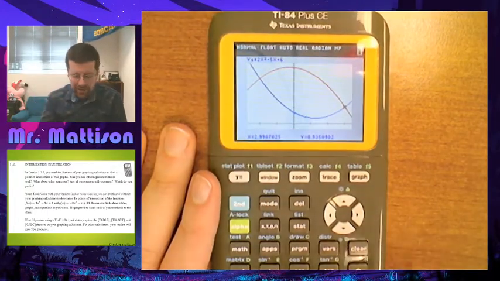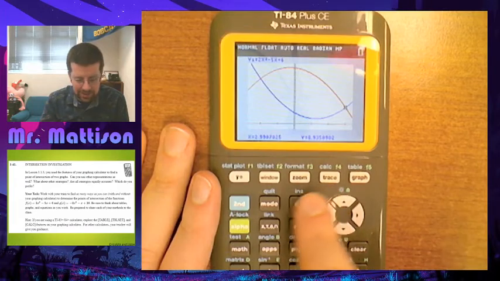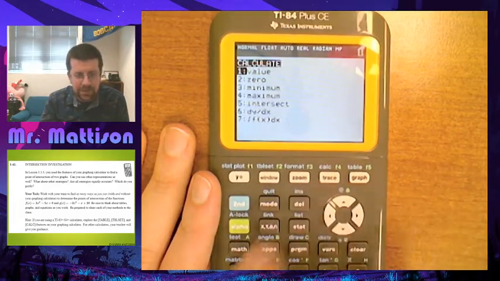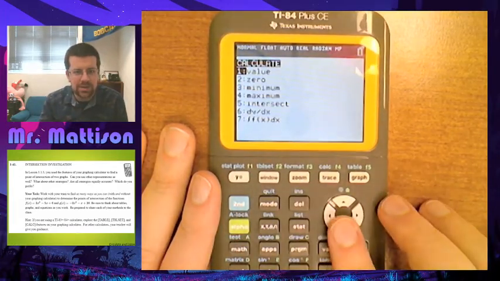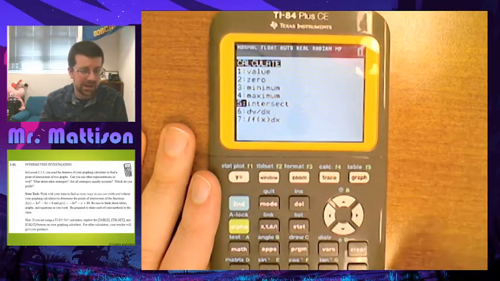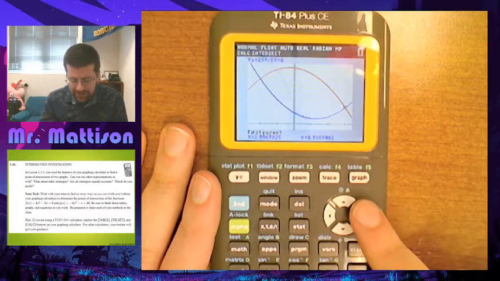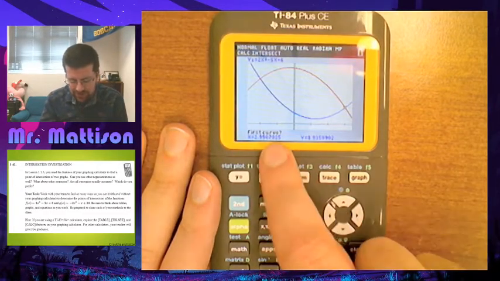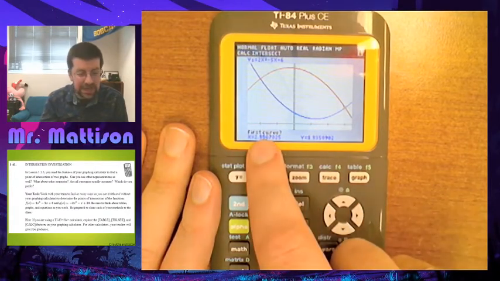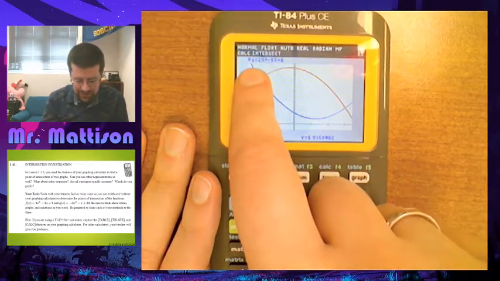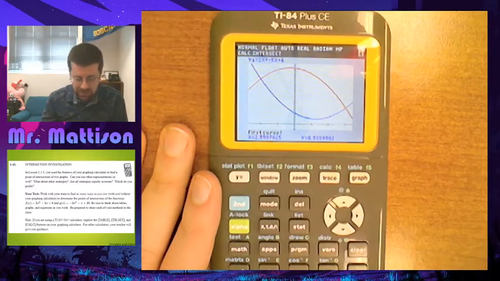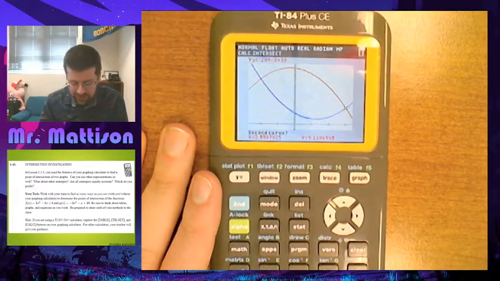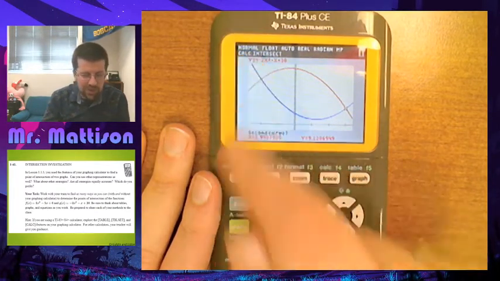Now the calculate way, the second feature on this is 2nd Calculate. And then we can go down to intersect, because we're looking for an intersection. And it'll ask us 3 questions. It'll say first curve, which is going to default to the blue one, which is Y1. Just hit enter. Second curve, and it'll default to Y2, which is the red one.